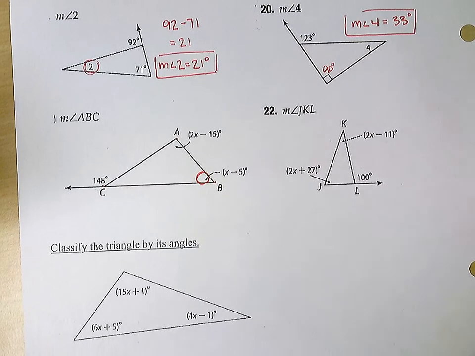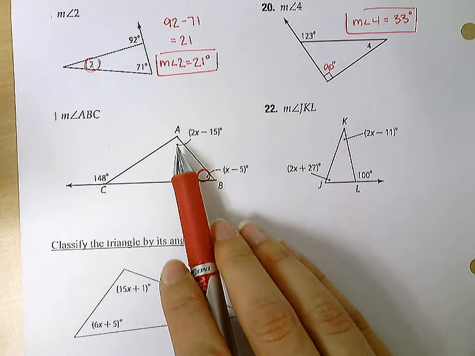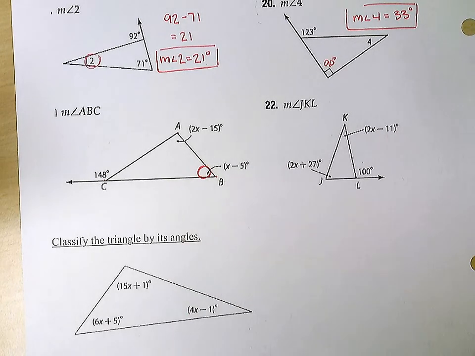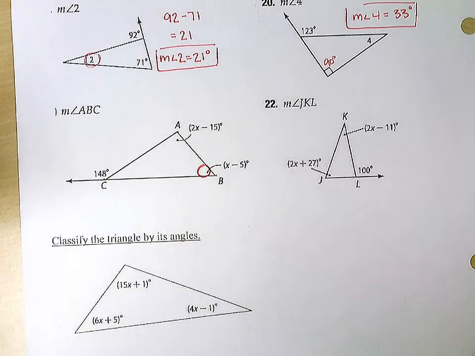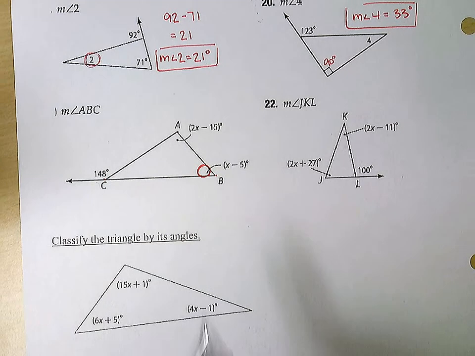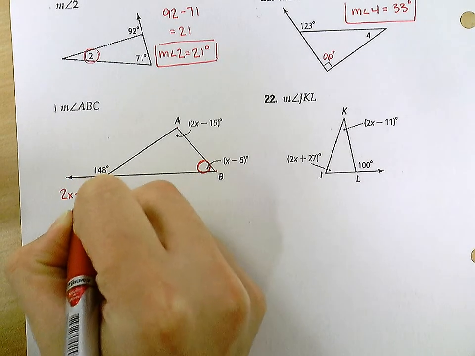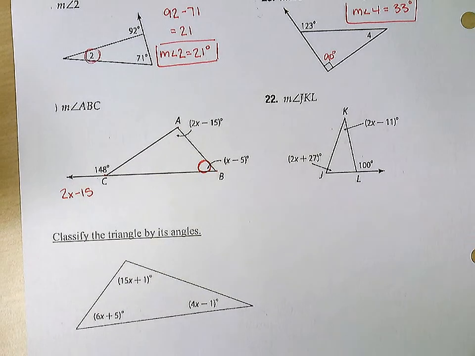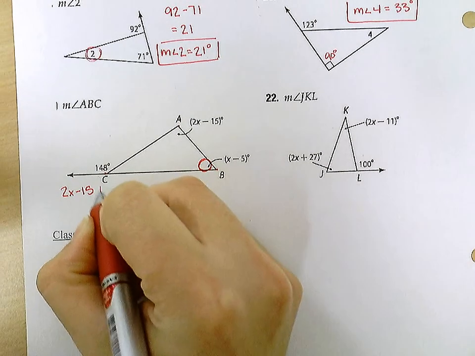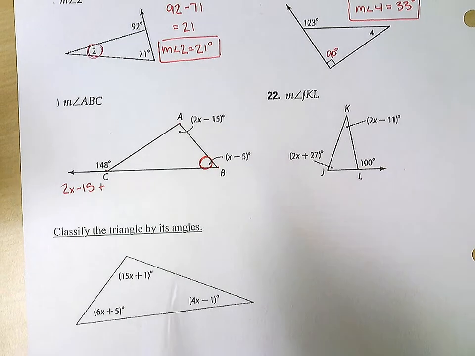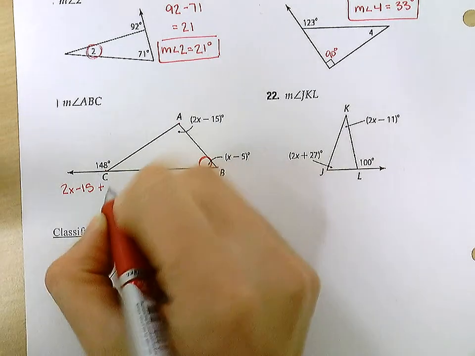So we can still use that exterior angle theorem to solve for x. So I can take the measure of angle A and add angle B and set it equal to 148. Okay, so adding angle A is 2x minus 15 plus angle B. Angle B is x minus 5.